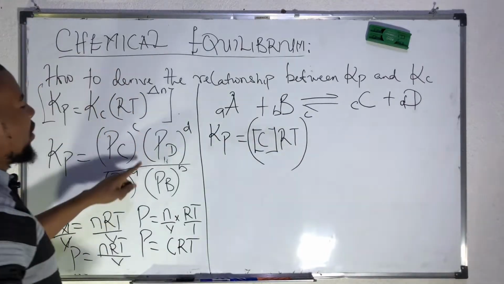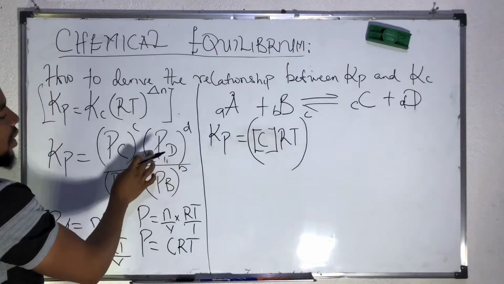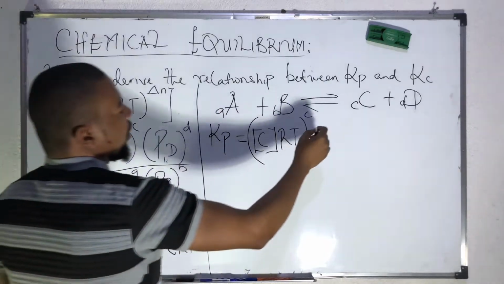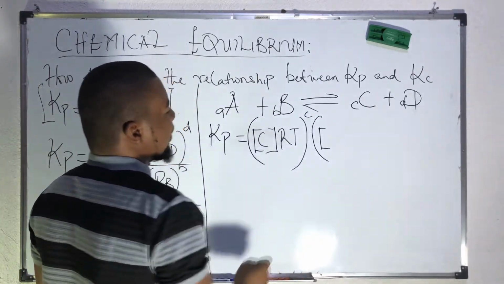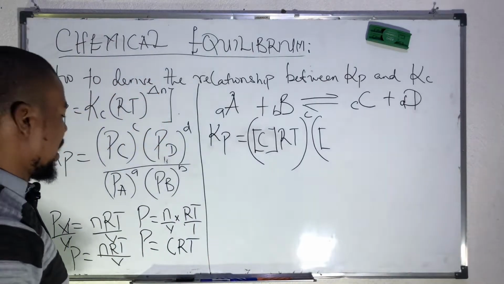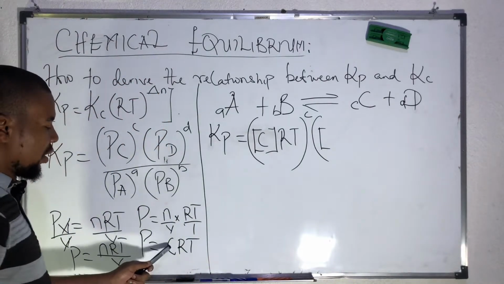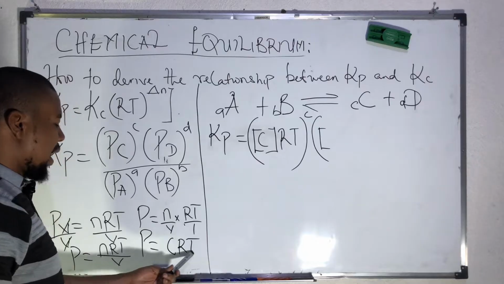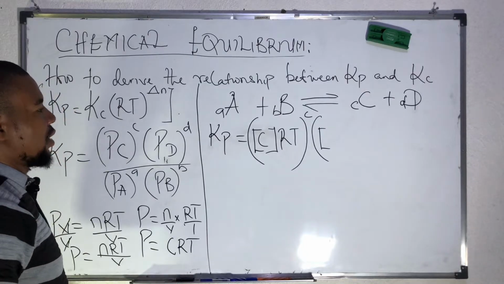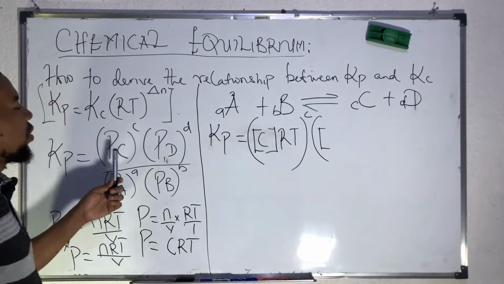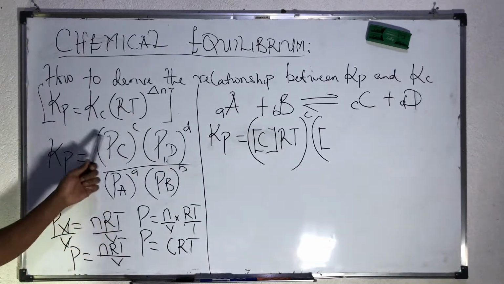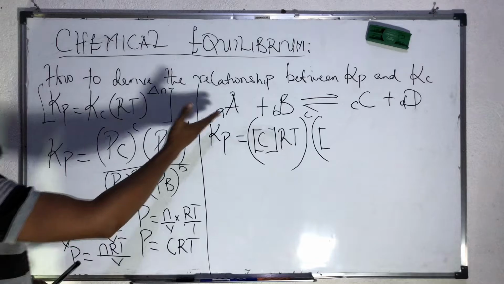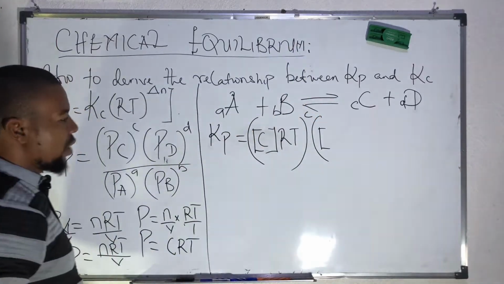Okay, and for the next one, we have the partial pressure of D. I'm also going to open another big bracket with a square bracket inside that denotes concentration because it says that concentration multiplied by RT will give us the pressure. So these are actually individual partial pressures of these gases. There are about 4 gases here. We assume that A, B, C, and D are all gases.